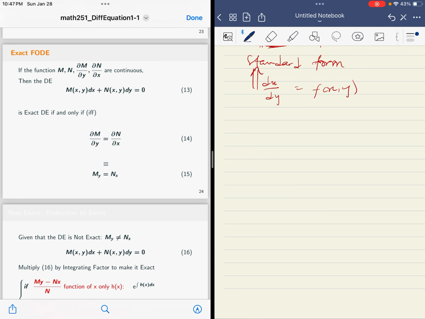I established earlier that we have two functions, M of x,y and N of x,y. And what I'm saying is that if we take the partial derivative of your M with respect to your y, and that happens to be equal to the partial derivative of your N with respect to your x, then the differential equation given is exact.